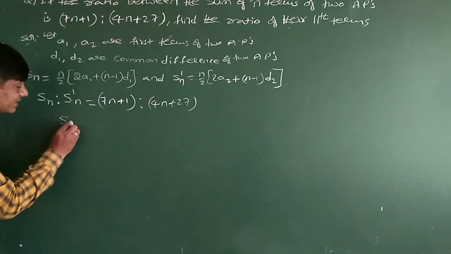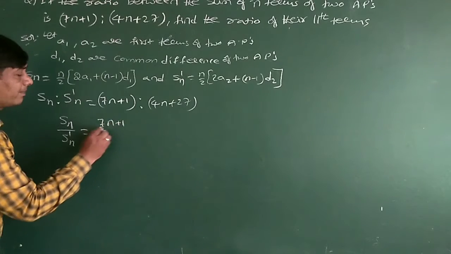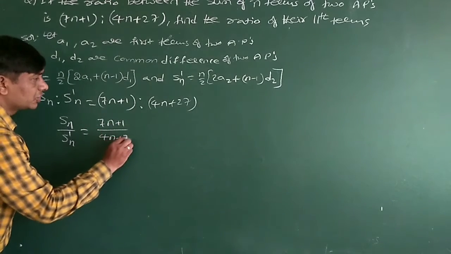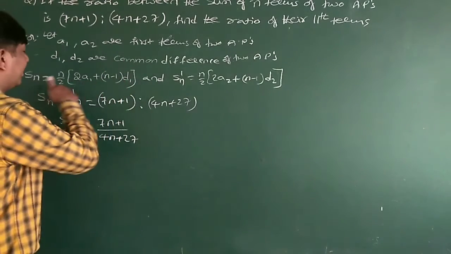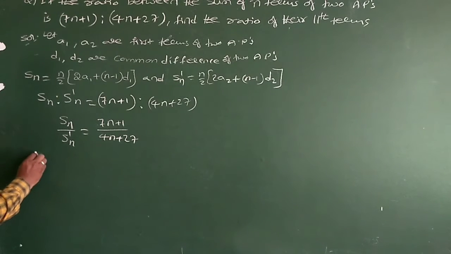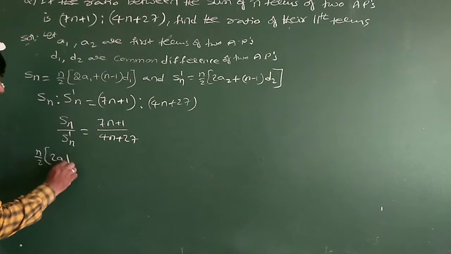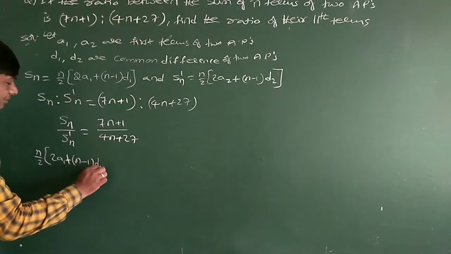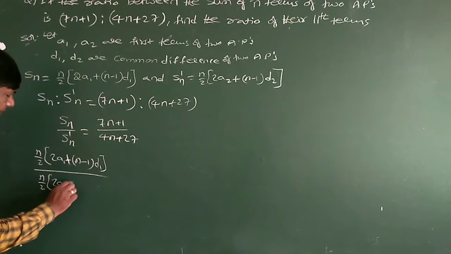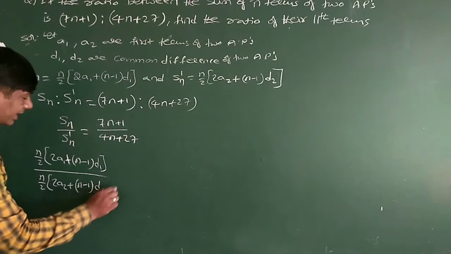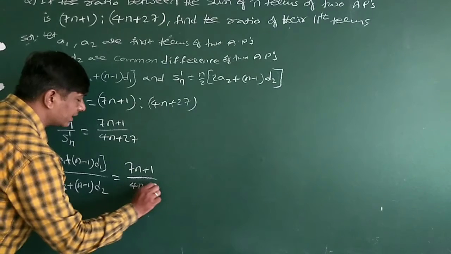This ratio can now be written in fraction form: Sn by S dash n is equal to 7n plus 1 by 4n plus 27. But Sn is the n terms formula: n by 2 into 2a1 plus n minus 1 into d1, divided by n by 2 into 2a2 plus n minus 1 into d2, is equal to 7n plus 1 by 4n plus 27.